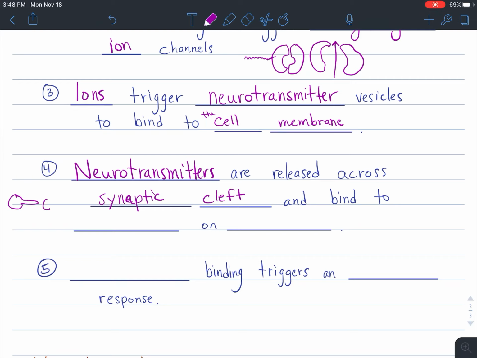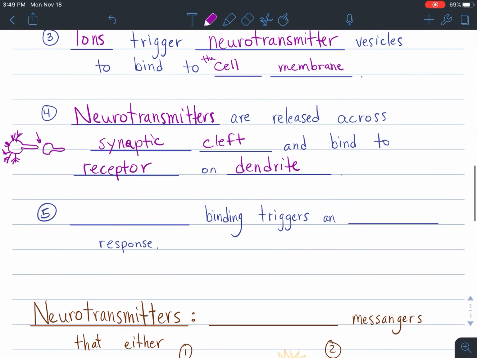Remember, if I drew a neuron and another neuron here, that would be the synaptic cleft. So those neurotransmitters, or our chemical messengers, are released across the synaptic cleft, and they bind to receptors, because those are going to receive that chemical signal on the dendrite. Remember, the dendrite is this part down here that has the little projections on it that are going to receive neurotransmitters, and then it travels down to the next neuron.